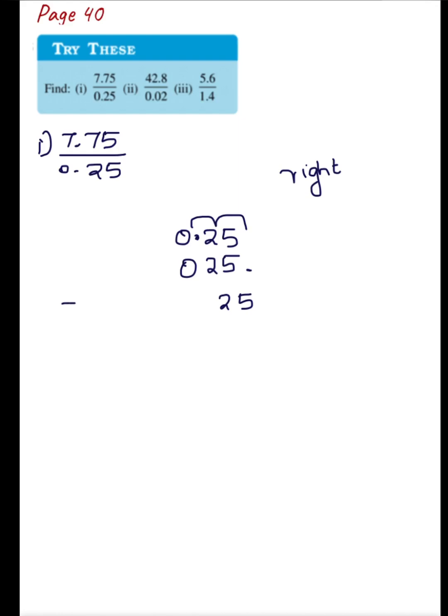So 7.75 divided by 0.25 means what? If you remove this decimal point, the denominator will become 25. Now what about the numerator? If you are moving the decimal point by 2 places to the right in the denominator, you should do it for the numerator also.